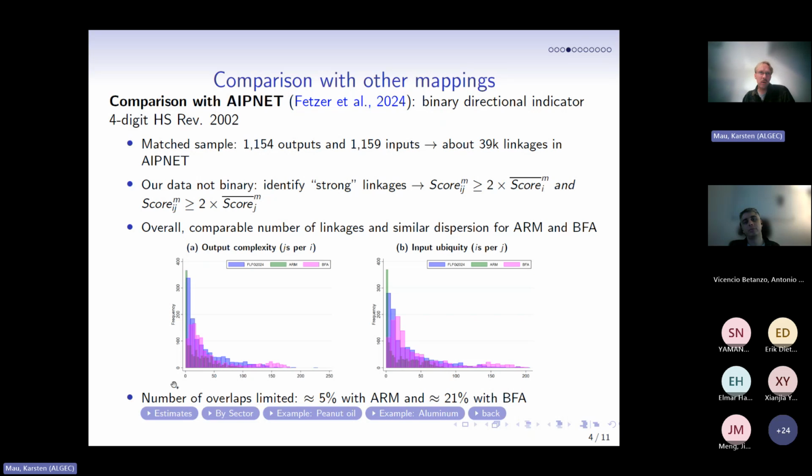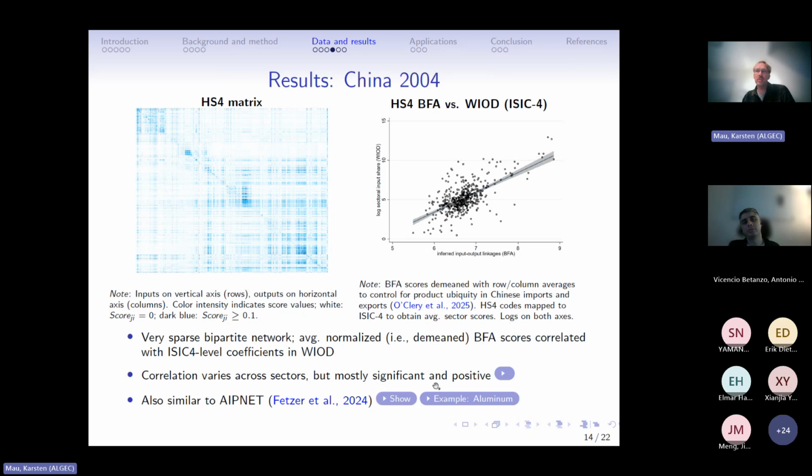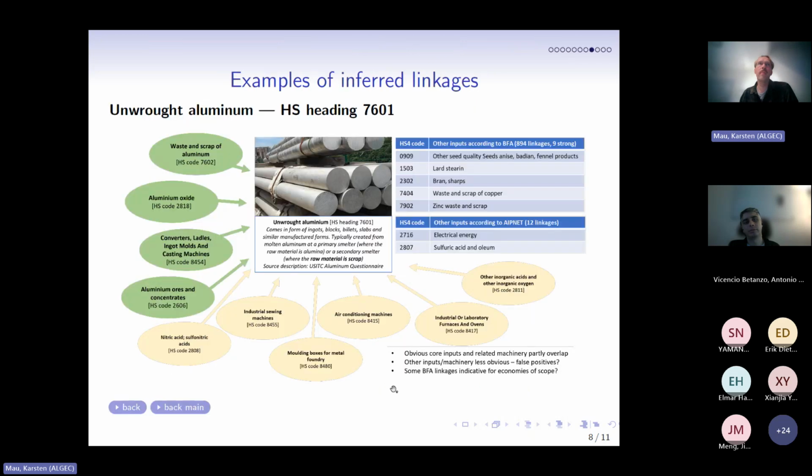So let's see maybe also a concrete example. For instance, when we look at aluminum, what this AIPNet mapping obtains as inputs for unwrought aluminum are those that you can see here in the circled green and yellow areas.